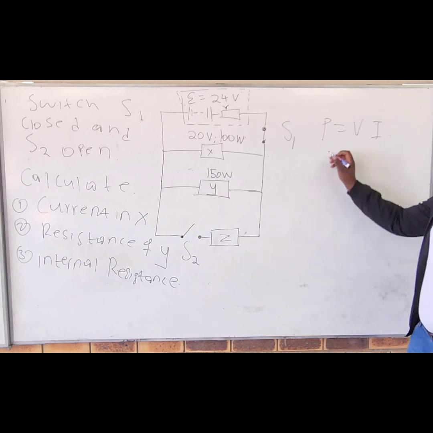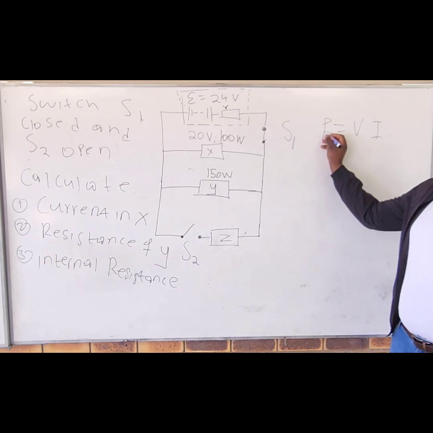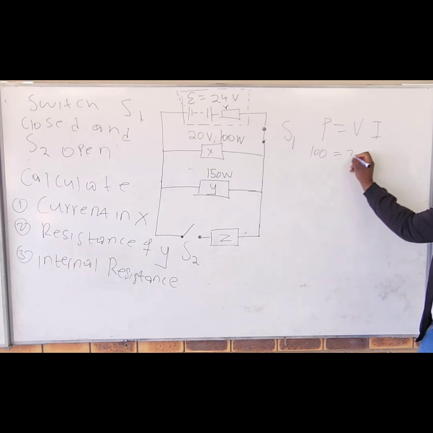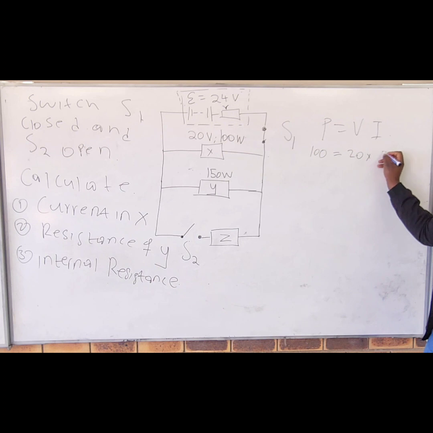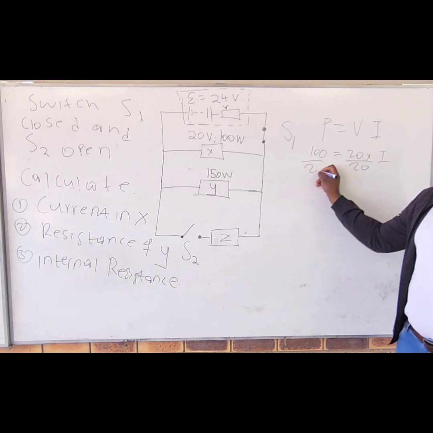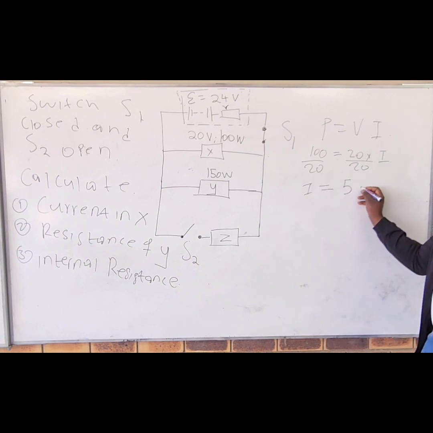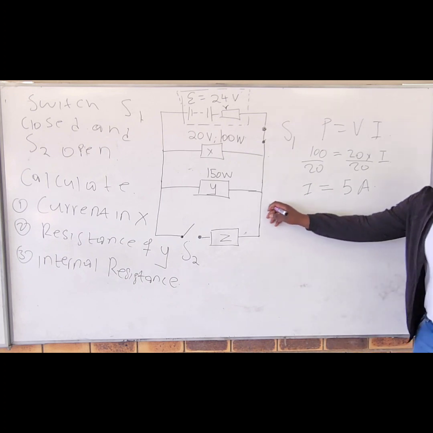So to calculate the current, we say our power, 100 watts, equals 20 volts multiplied by current. Then we divide by 20. It means current is equal to 5 amperes. This is the first one.